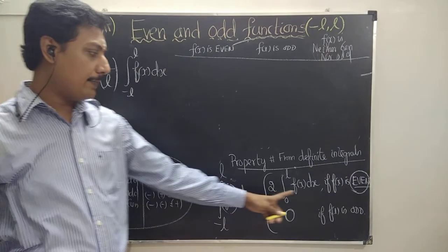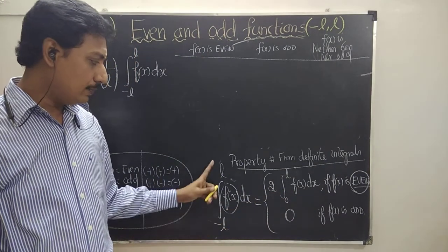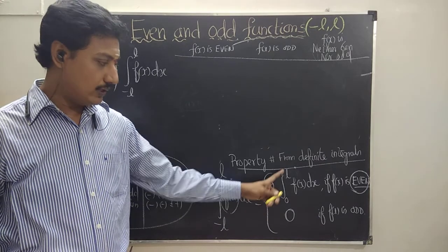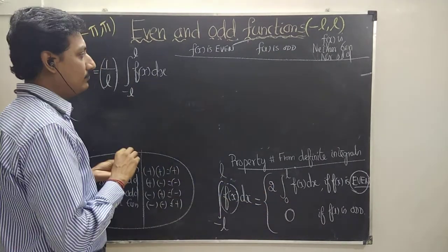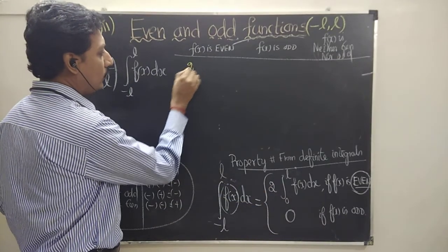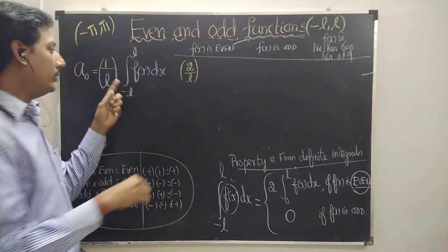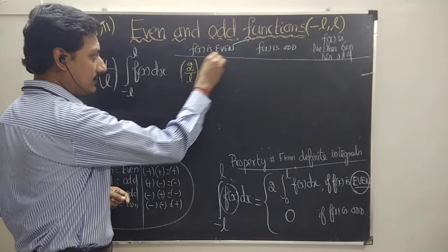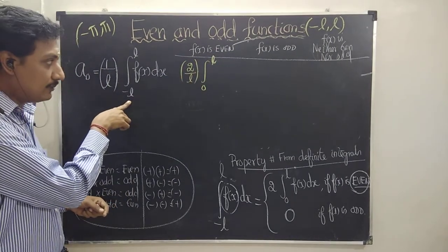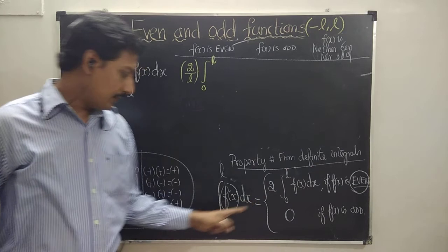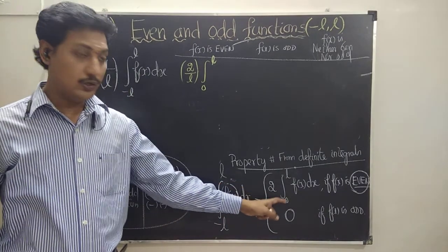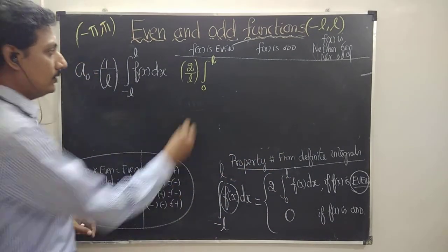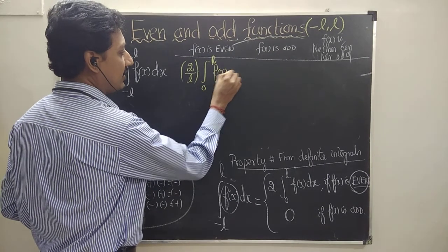Then by this property we can write minus L to plus L as twice 0 to L. So the formula becomes 2 by L integral 0 to L of f of x dx. Please see the difference: because of the even function, minus L to plus L becomes 2 times 0 to L.